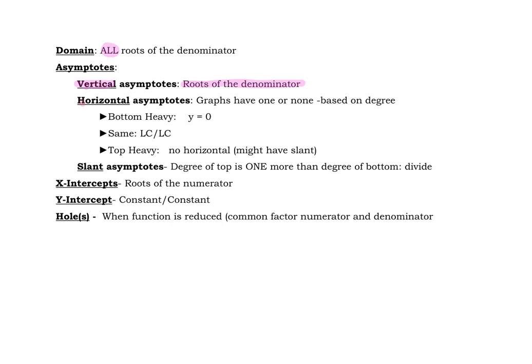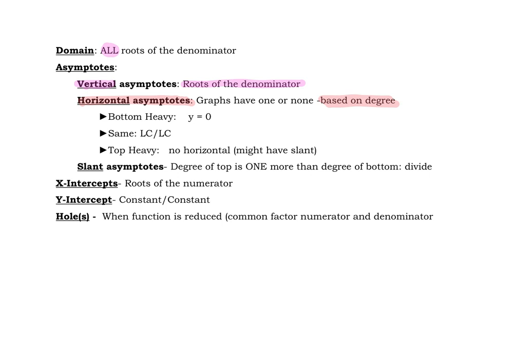Now, the horizontal asymptotes are a little bit more of just memorizing what these are. I can have none. I can have one, but I can't have more than one. And it's always based on the degrees of the numerator to denominator.